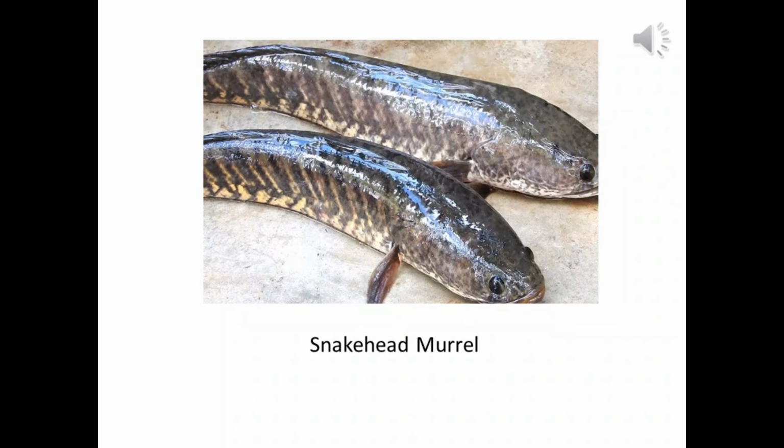It is native to South and Southeast Asia and has been introduced to some Pacific islands. The snakehead mural grows up to a meter in length, though because of fishing, this size is rarely found in the wild.